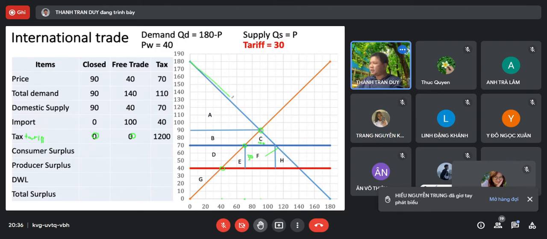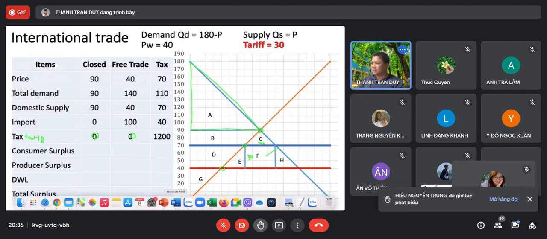Now, consumer surplus. If we have closed economy, the consumer surplus is.